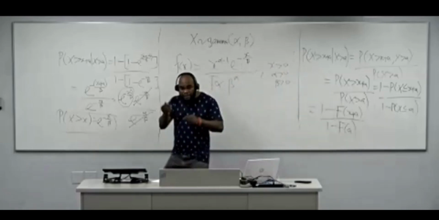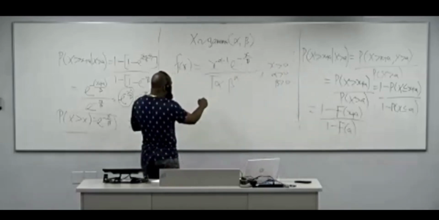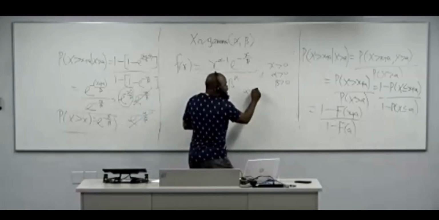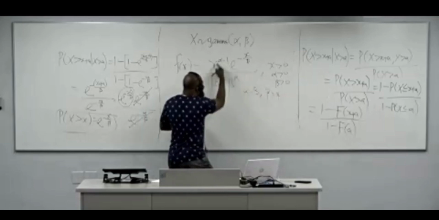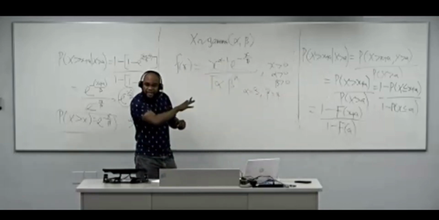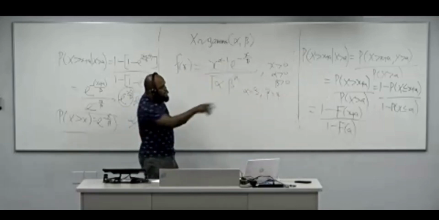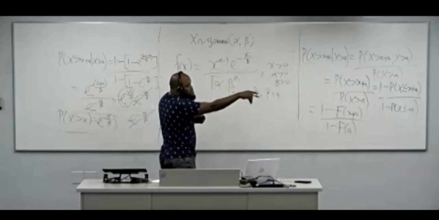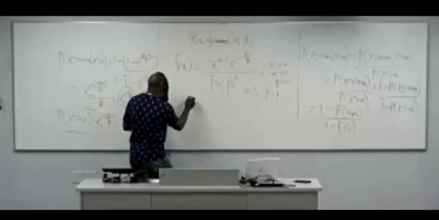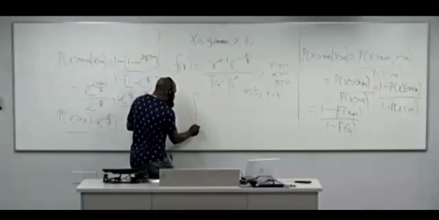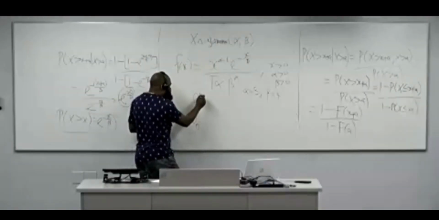And right now, what you want to find is this: you've already been given alpha to be 3 and beta to be 4. You're going to plug that in here. When you plug that in, that becomes a function of x, right? And what do you want to find? The probability that the rat survives no longer than 10. No longer than 10, so you're going from 0 to 10.